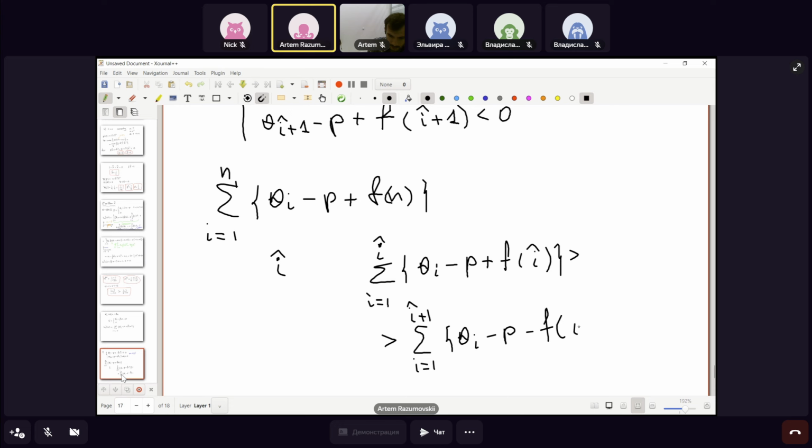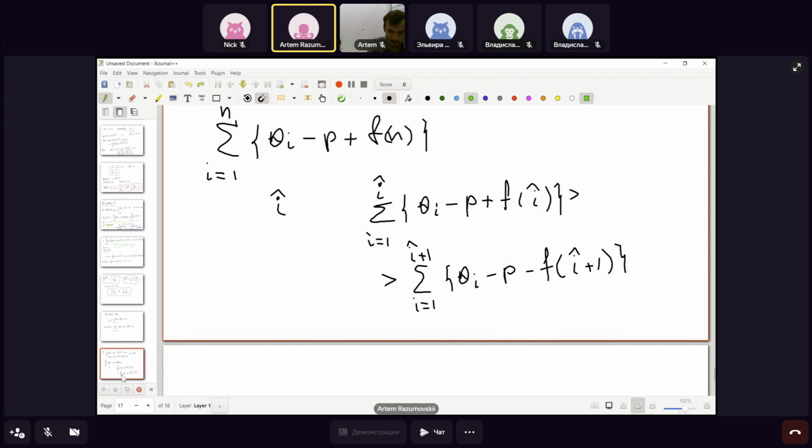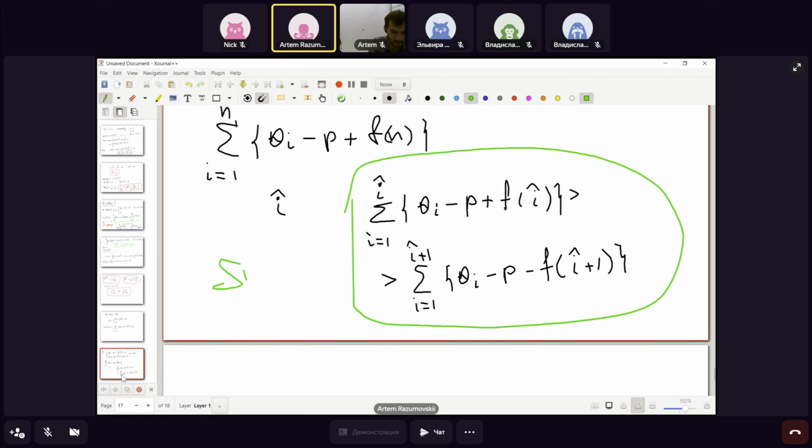And here we will have f of I hat plus 1. So now let's consider this inequality. This inequality defines the social welfare maximization.